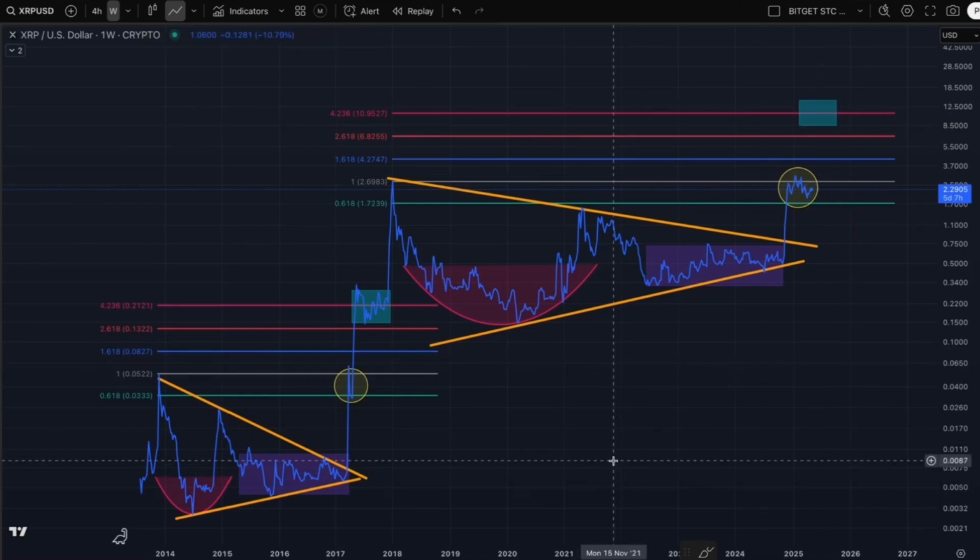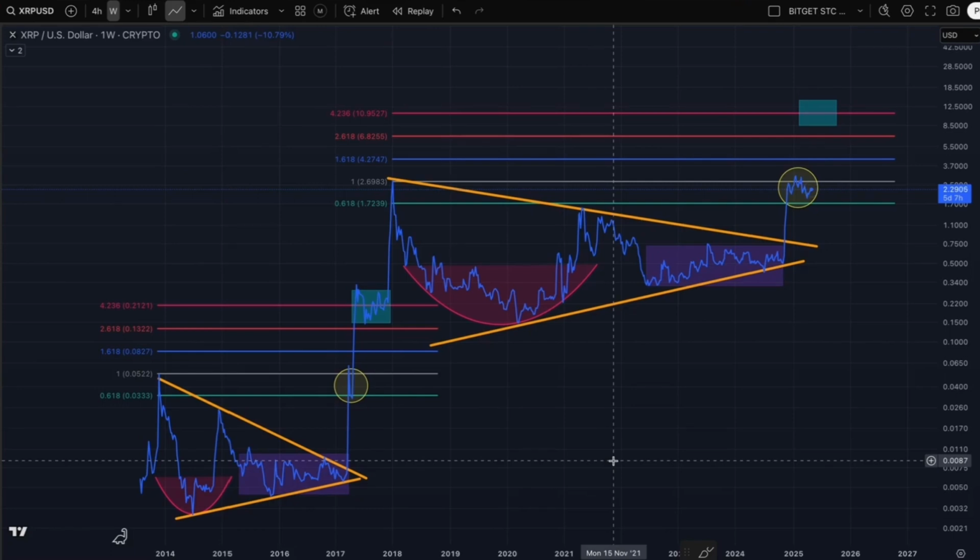Now, you might say that this is Hopium, but is it? Because we're just dealing with Fibonacci levels here, and we're not seeing anything that is crazy in my mind. The fundamentals are there, the utility is there, the ETFs that are being stockpiled, the regulatory clarity that we're soon to expect coming into fruition. On top of that, 7 years of consolidation.